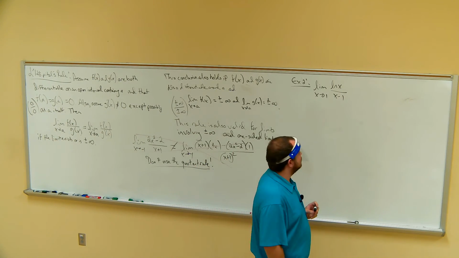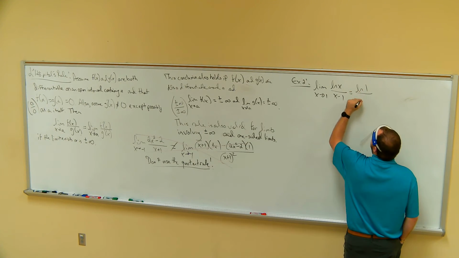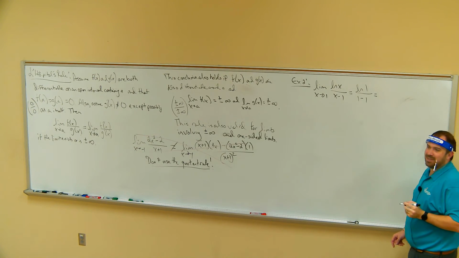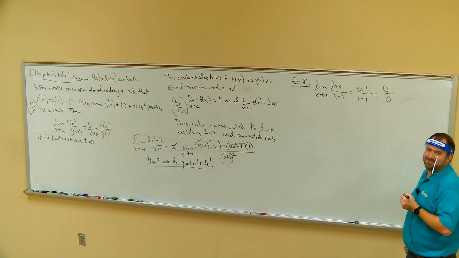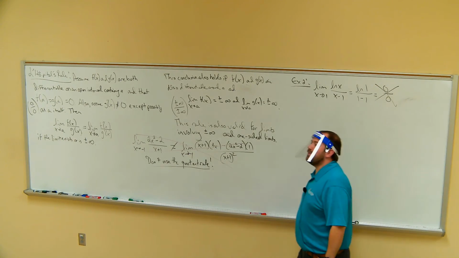Direct sub. First thing to try is direct sub, right? So natural log 1 over 1 minus 1. What is natural log of 1? 0. And 1 minus 1 is 0 all day long, right? So we've got that indeterminate form.